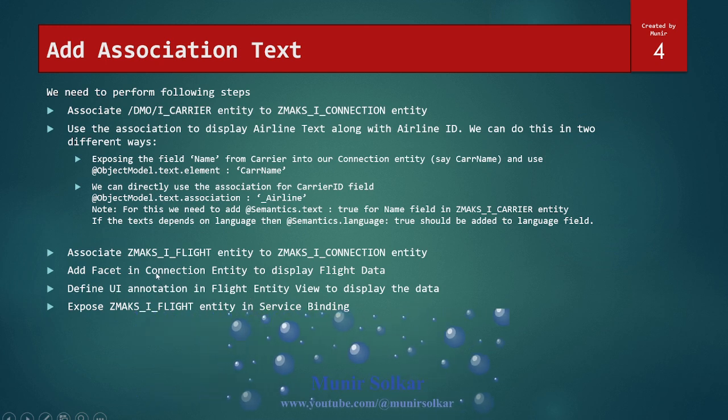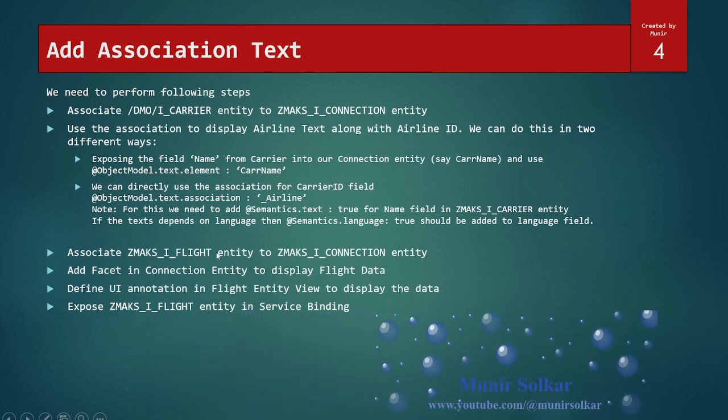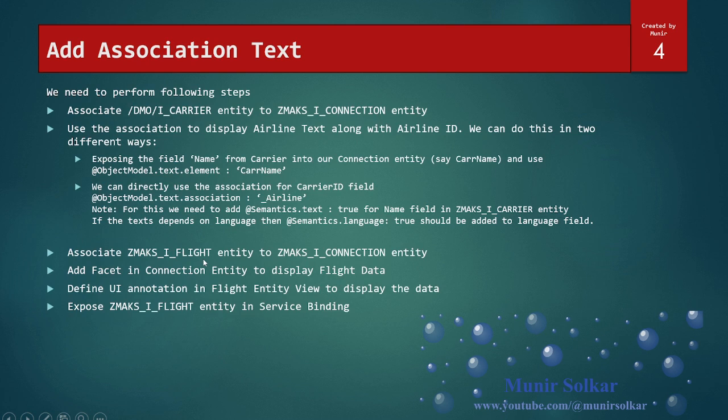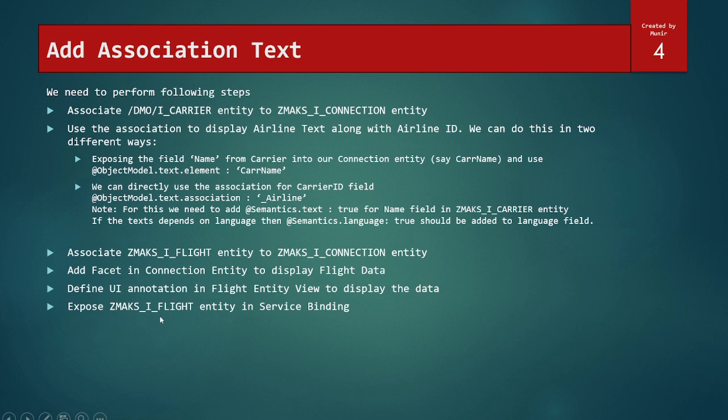Define the annotations in our flight entity to display the columns as we have seen in our connection. And then finally, we need to expose the entity in our service definition. If we don't expose it, the value will not be shown. This is a very important point to remember.